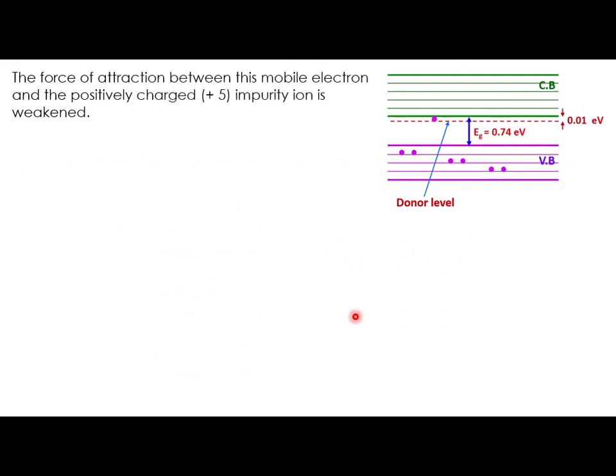Now let's have a recap of what we discussed. When we dope a pentavalent impurity atom into a germanium or silicon crystal, the force of attraction between the fifth electron and the positively charged impurity ion, this arsenic ion, is weakened.